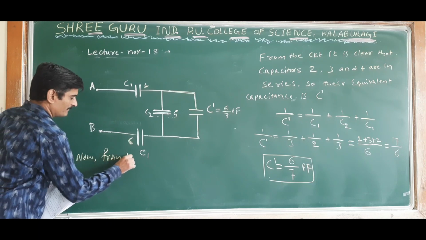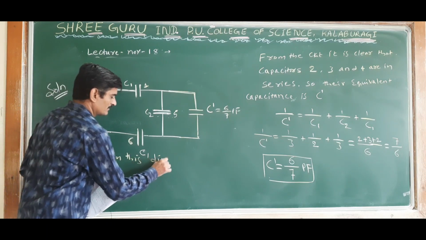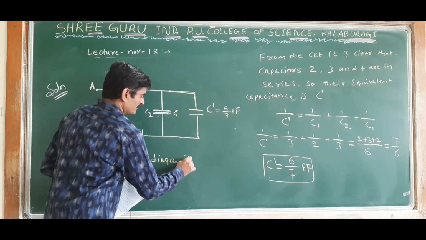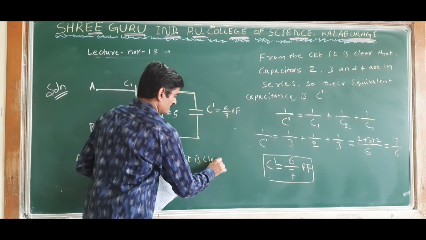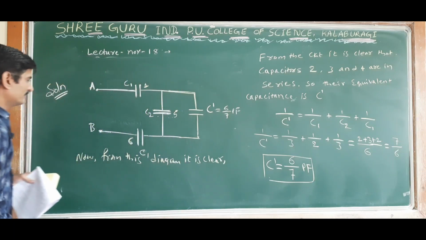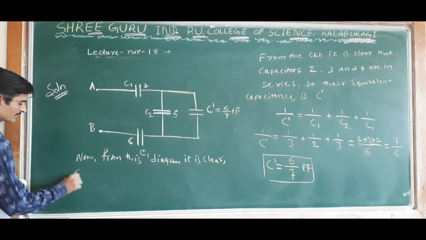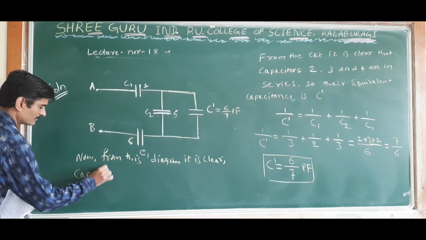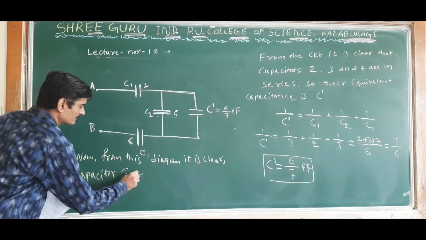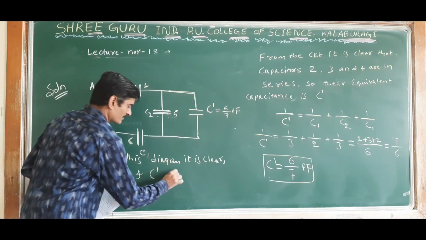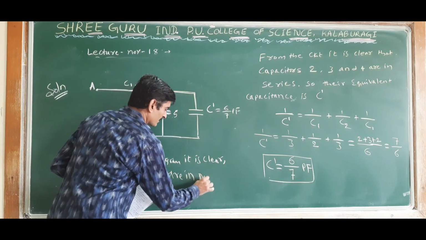From this diagram it is clear: capacitor 5 and C dash are in parallel.